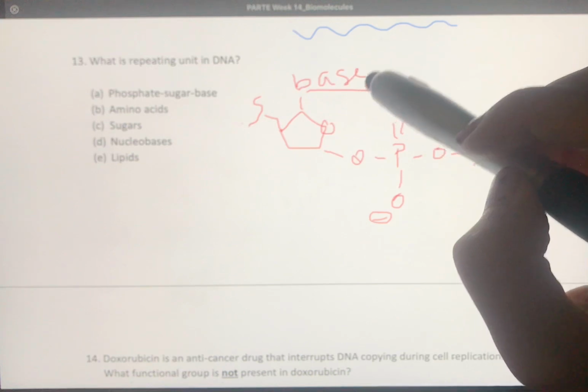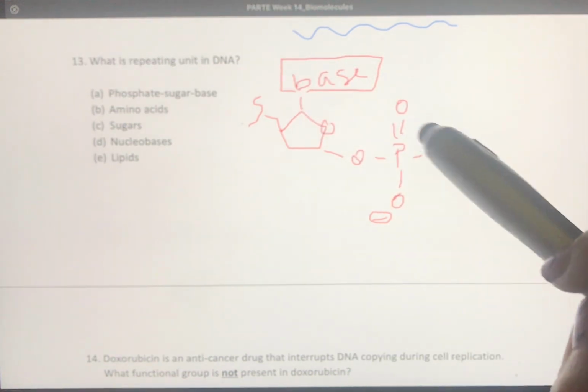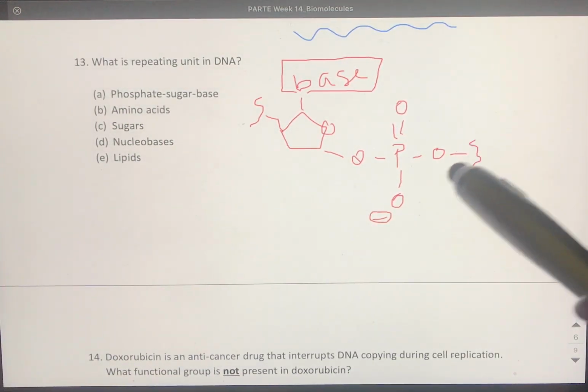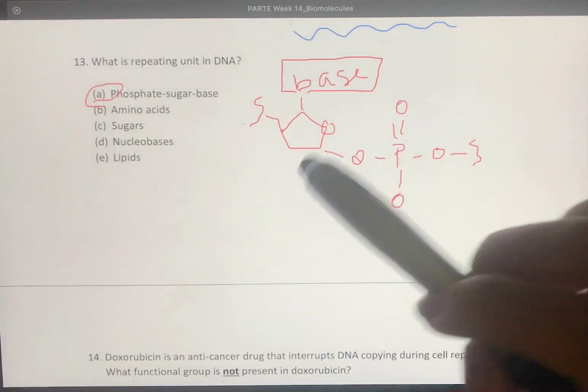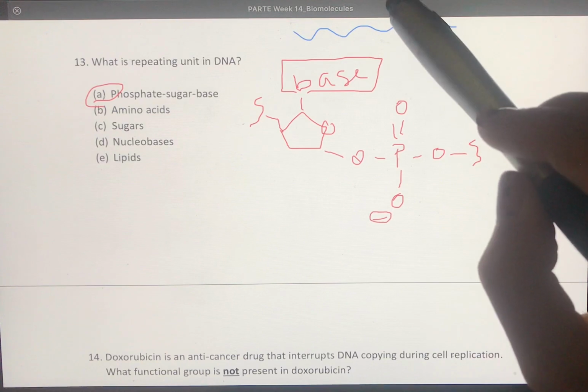Which will be right here. So the repeating unit is going to be all three of those things. So phosphate, sugar, and then a base.